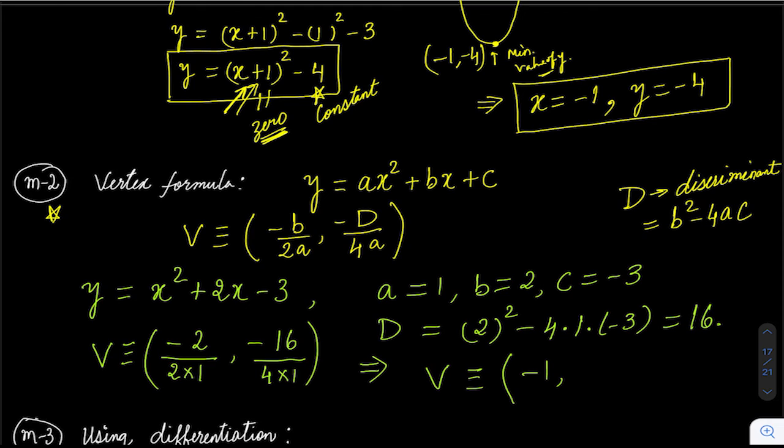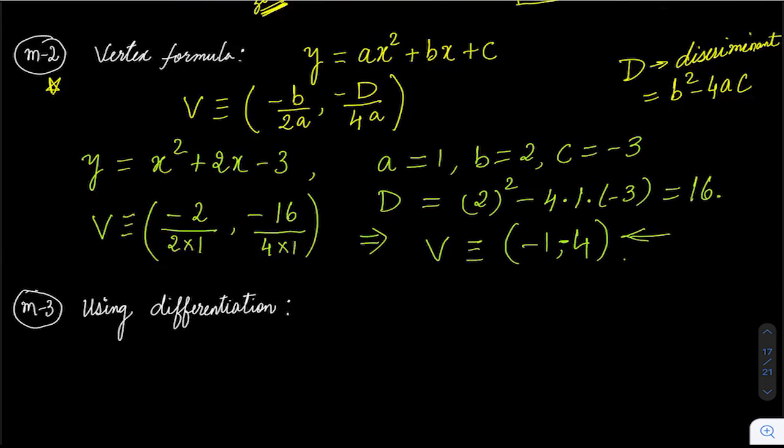And what is −16 over 4? −16 over 4 is −4. So as you can see, my vertex coordinates in the first part and the second part are the same. So you can use this method directly to find the vertex. And that's it. Third method.